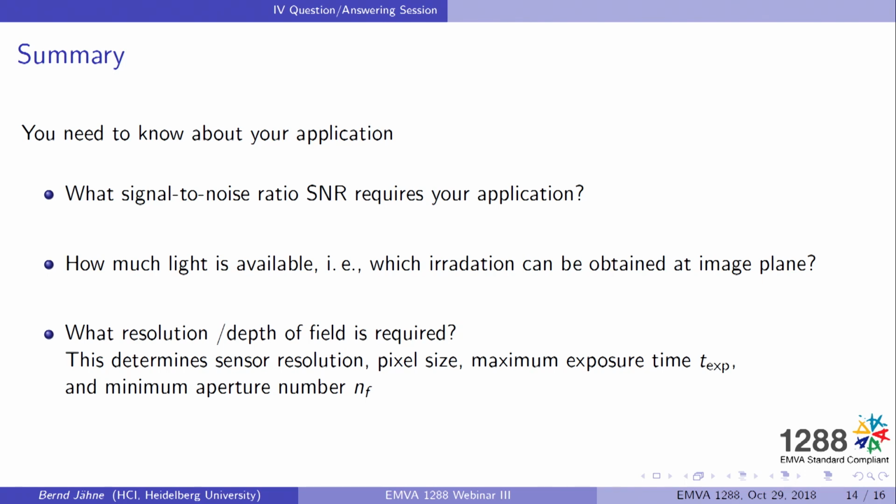And also, of course, the other constraints of the application, what is your maximum exposure time you can have. All these type of questions determine then again how much irradiation you finally get at the image plane.